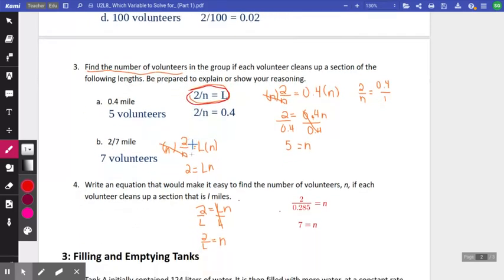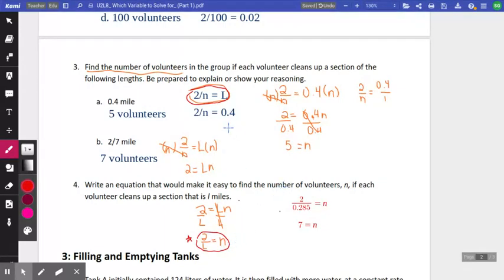And then we wrote a second equation right here. Kind of like that warm-up question, right? There's 2 different equations here that represent the situation. Which equation would make it easy if you're trying to find the number of volunteers? Well, if you're trying to solve for N, this equation here is going to make it easier because that equation has been rearranged to tell you this is what equals N. This is what equals the number of volunteers.